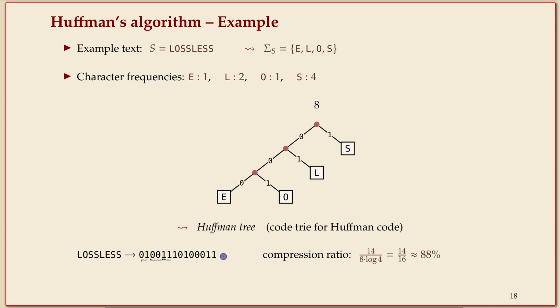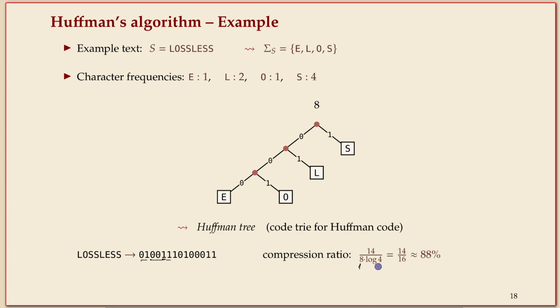So you get this coded text from our text lossless. And then you can compute the compression ratio as we defined it last time. So it's 8 characters in the source text. And we have 4 characters in the source alphabet.